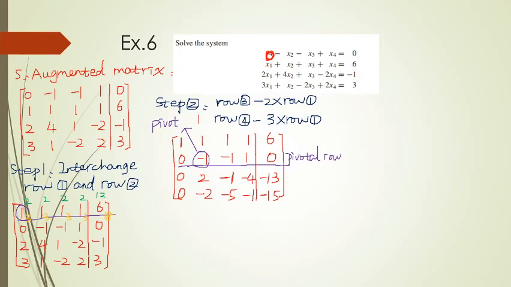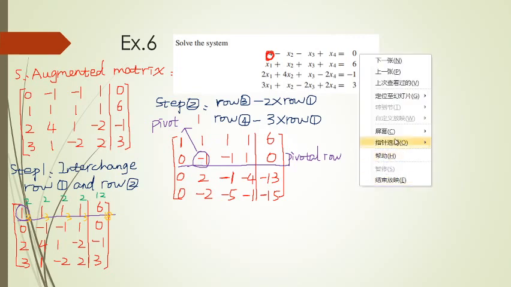It's also easy. We are going to replace the new row 3 with row 3 plus row 2 multiplied by 2, and row 4 with row 4 minus row 2 times 2. Everyone is clear?